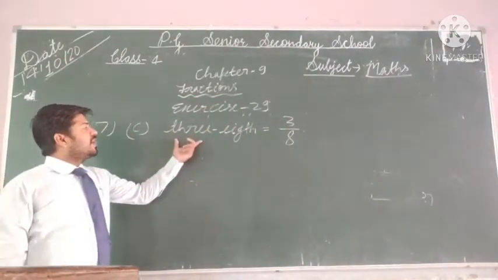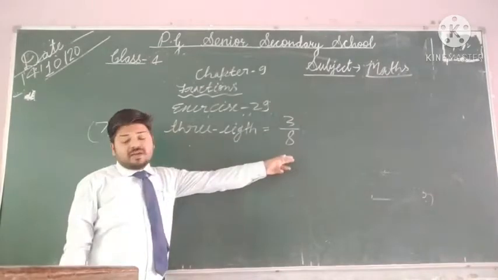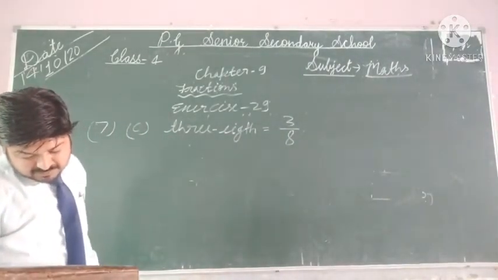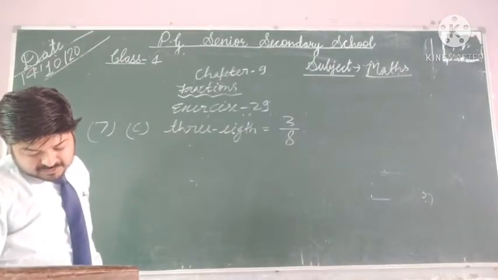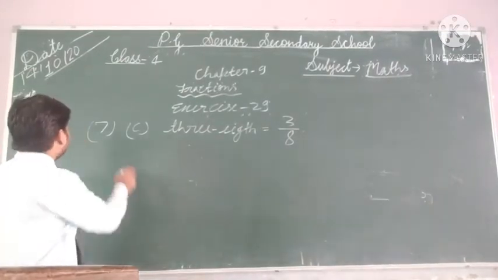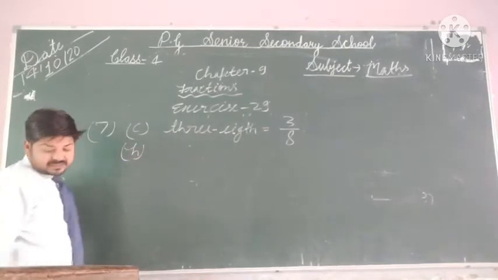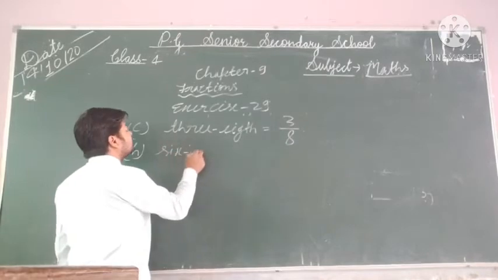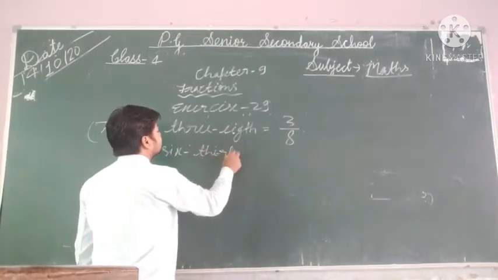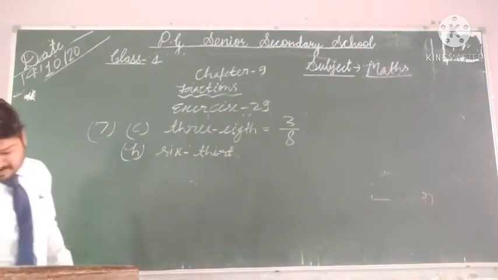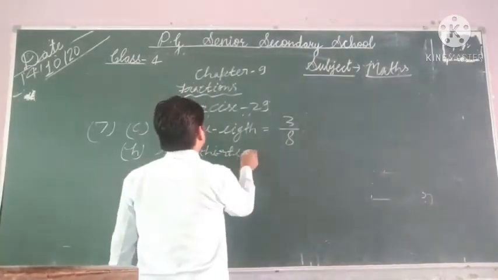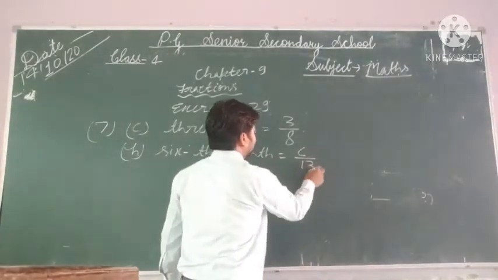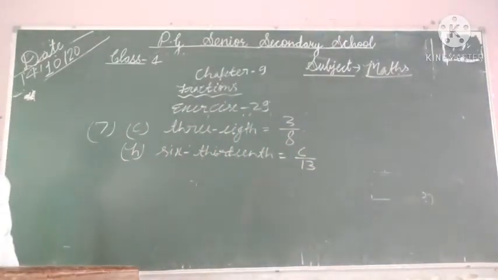The first part will be numerator and the second part will be denominator. Like this you can do. Another question at 7x there is written 6/13, which you write as 6/13.